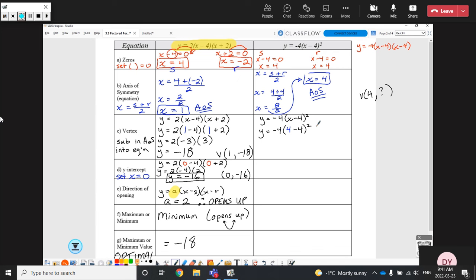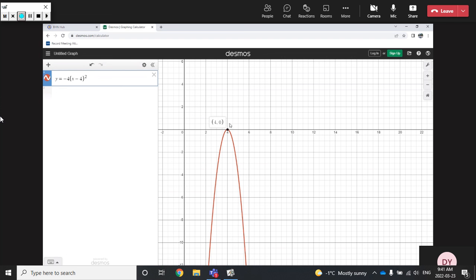What's going to happen here is we end up with negative 4 times 0 squared, and 0 squared is just 0. And negative 4 times 0 is just 0, of course. So our vertex ends up being 4, from the axis of symmetry, comma, 0. And this reiterates the fact that the vertex is the one and only x-intercept. We kind of knew that because we graphed it on Desmos.